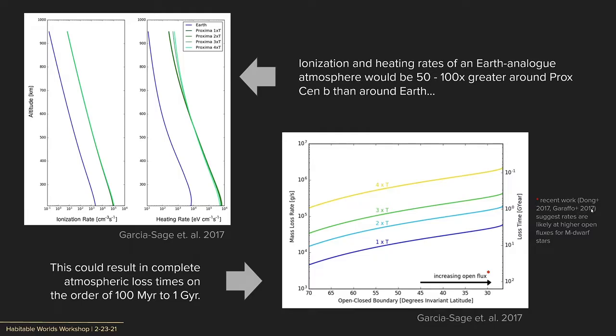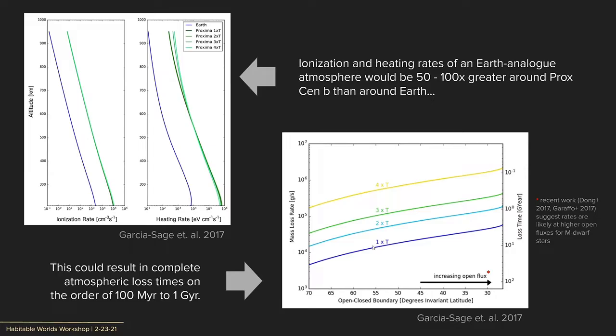The work from Garraffo 2017 as well as Dong 2017 do suggest that for lower mass stars such as Proxima Centauri and TRAPPIST-1, the open fluxes are more probably what the magnetic environment looks like.